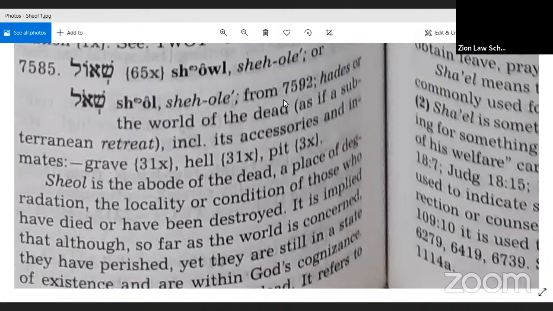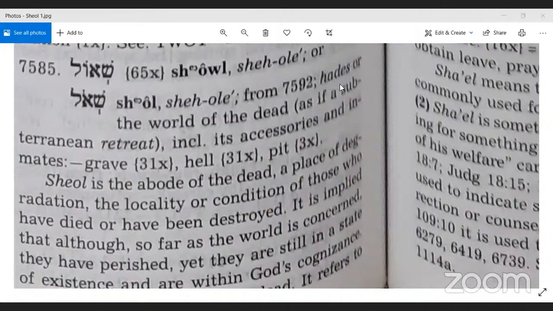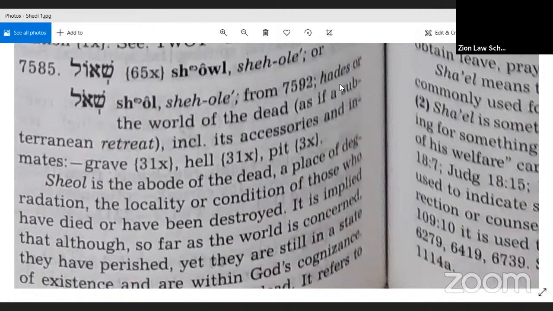Really limits. So from Strong's number 7592, now here's the meaning. Hades, this is the Greek word that they use for hell. Hades, or the world of the dead, as if a subterranean retreat. So in other words, as if it's someplace underground, right?